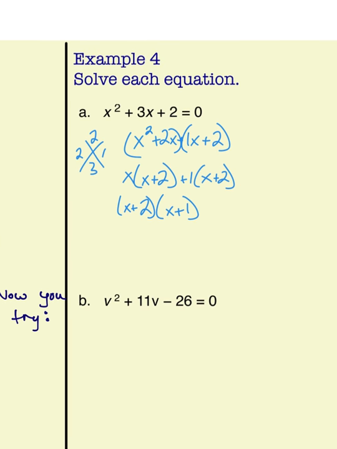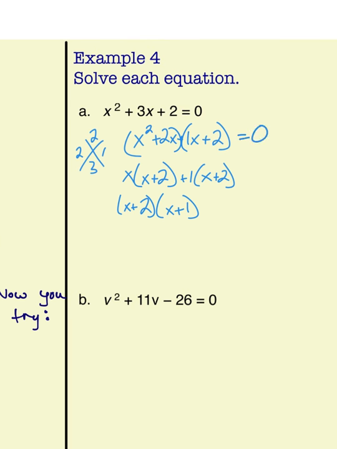Now this was bad math etiquette because each time I should have had an equals 0 here. All right, so now we'll acknowledge that there's an equals 0. Notice that this is technically two binomials multiplying to get 0. Now I know whenever I multiply to get 0, one of the things I'm multiplying by, one of the factors, needs to be 0.